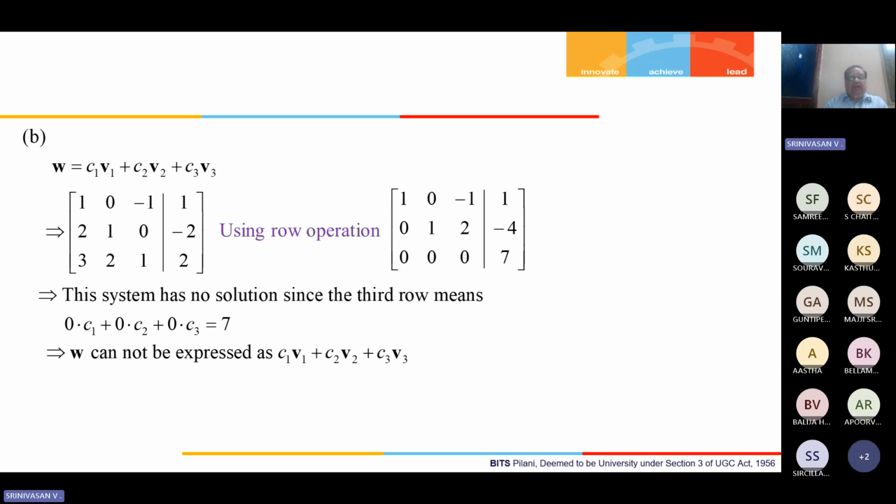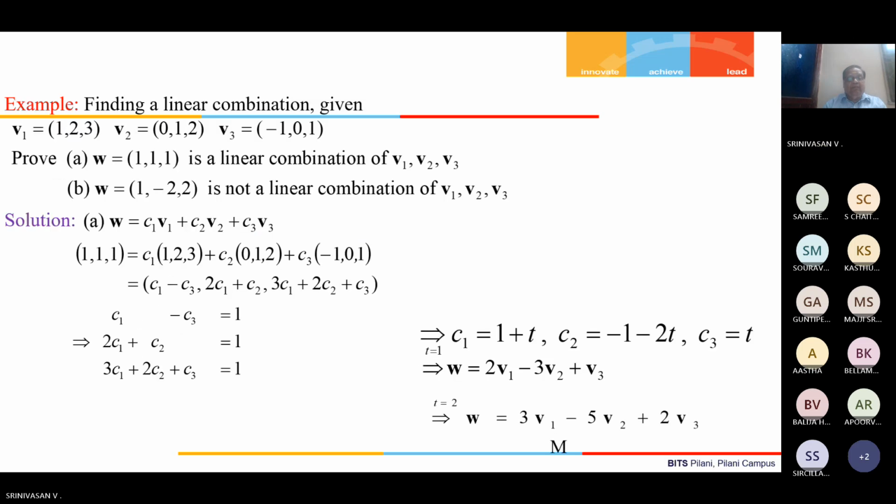What is augmented here? Just see what are 1, 0, minus 1. You are taking each component to form the column: the first element of V1, first element of V2, first element of V3 forms the first column.